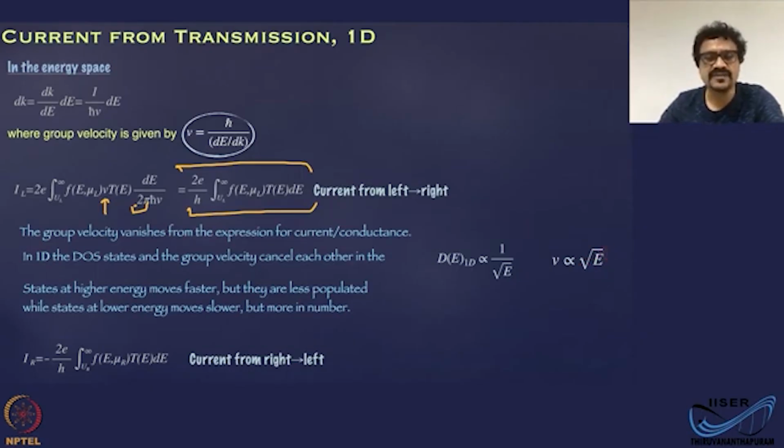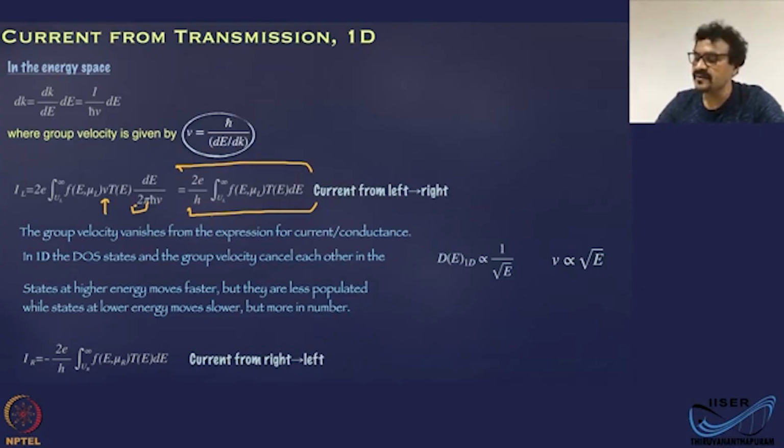We are considering free particles, free electrons. Of course, they are confined also, but the wave is a plane wave. So the velocity is proportional to the square root of E, and the density of states is proportional to 1 by square root of E, because dE by dk is going to give you 1 by square root of E.